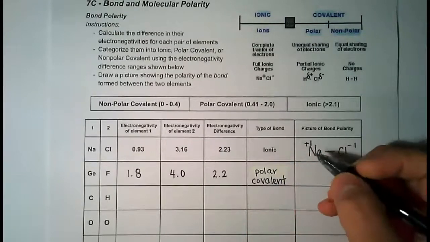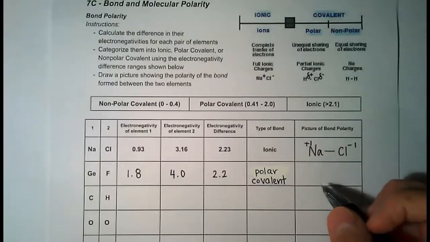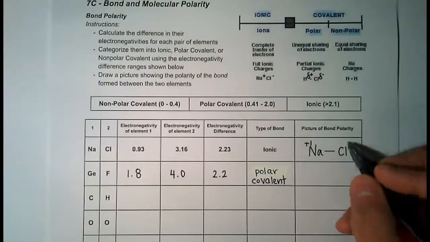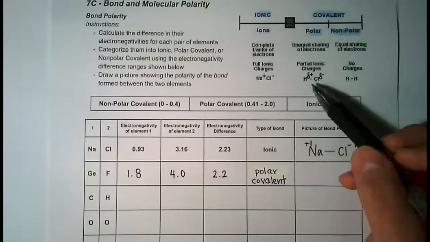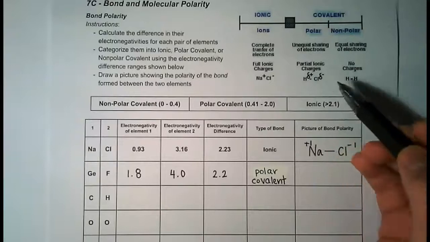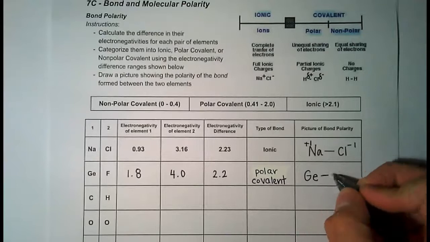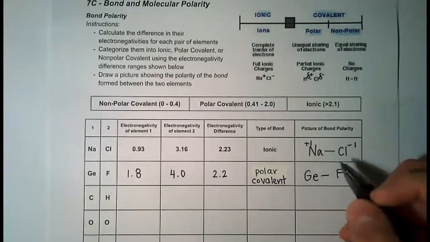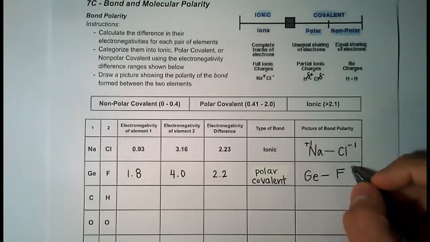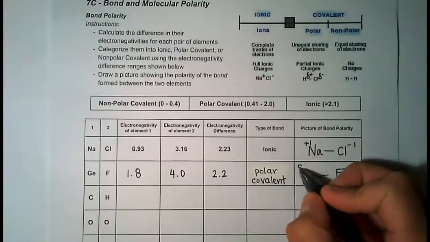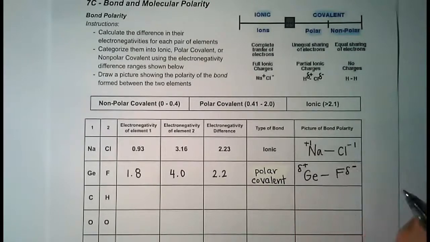Since this is covalently bonded, it is an extremely polar bond, but it is covalent, so we're not going to show full charges, we're just going to show partial charges with these weird looking S things. So we have G, E, and F, and we are going to show a partial positive and partial negative. Fluorine is going to attract more of the electron density, so it's going to have a partial negative charge, and germanium will have a partial positive charge.